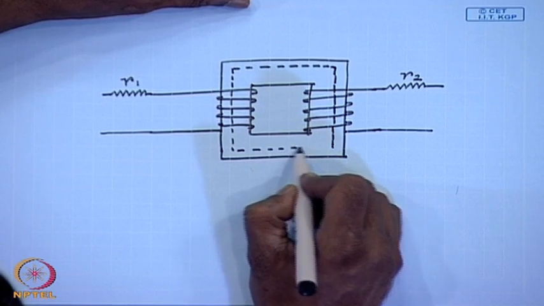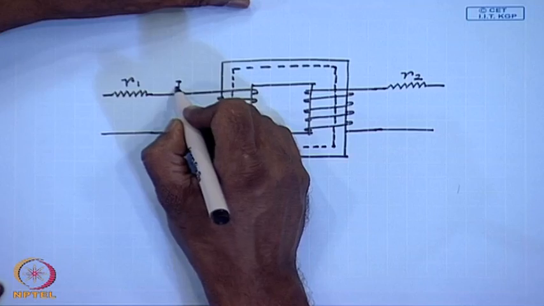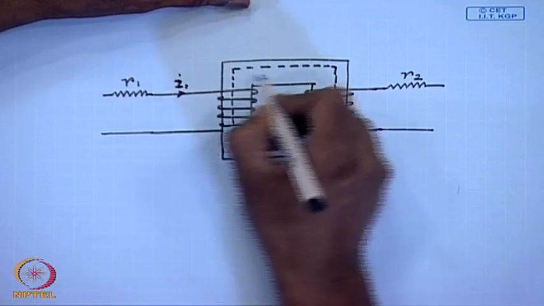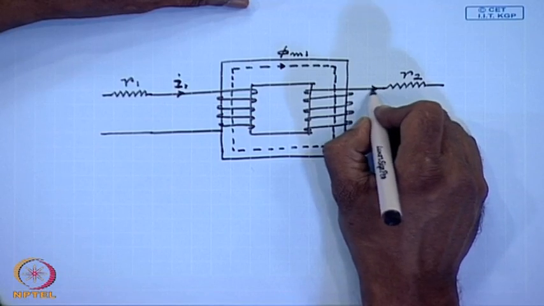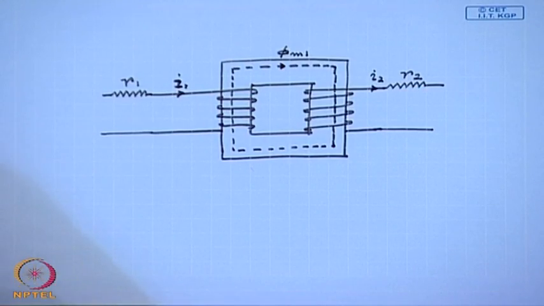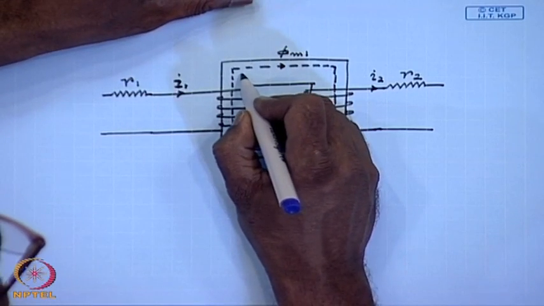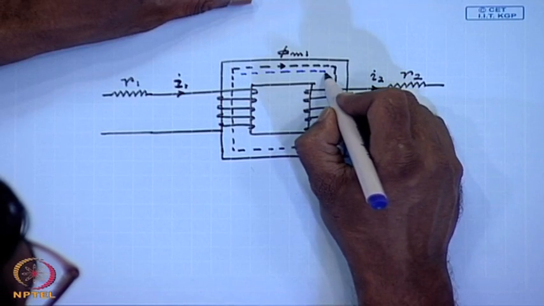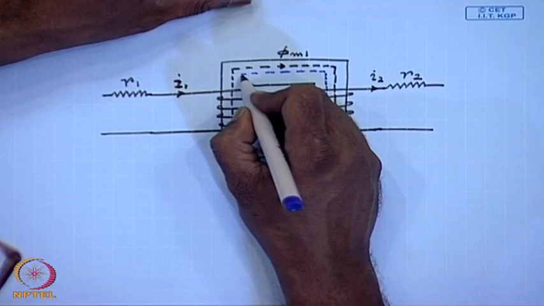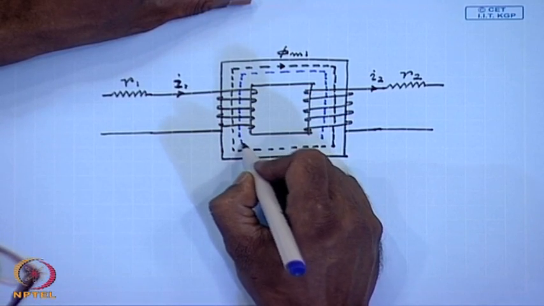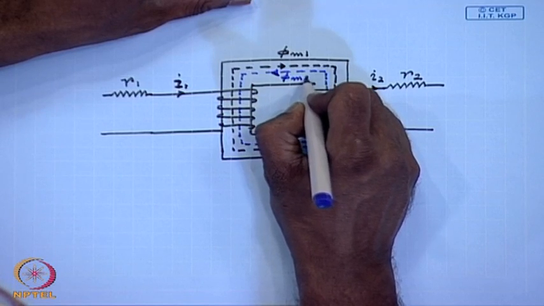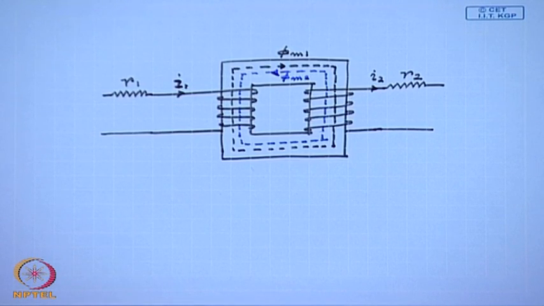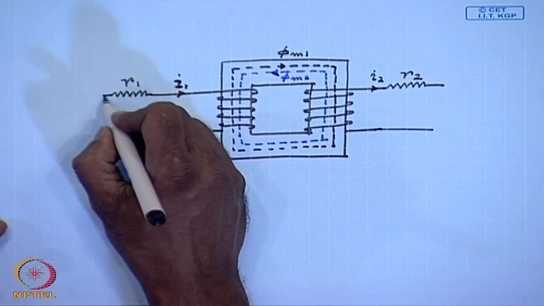So, in an ideal transformer, let this be the flux phi M1 produced by current I1 and this is the flux phi M2 produced by current I2, and we have seen that phi M1 minus phi M2 remains constant if the applied voltage on coil 1 is constant.